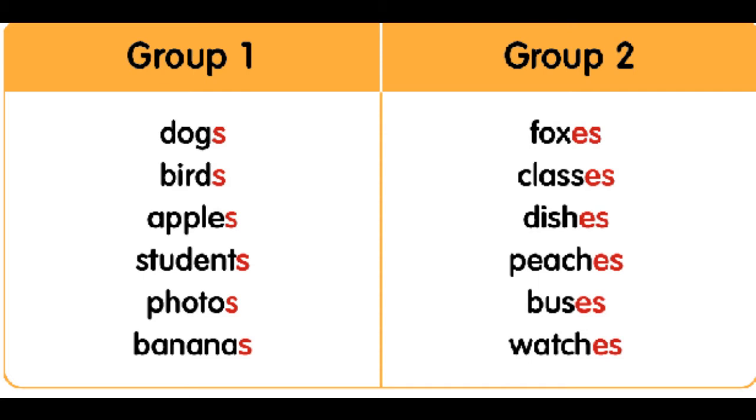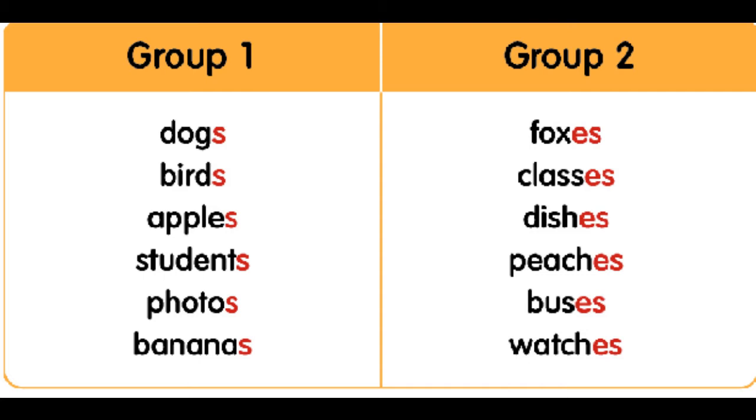For example, see dog, D-O-G, dog, and only s is added, dogs. B-I-R-D, bird, and only s is added here, birds. Apple, apples.